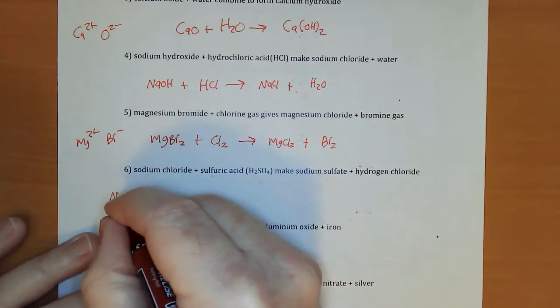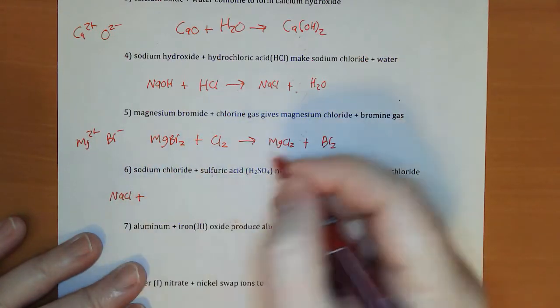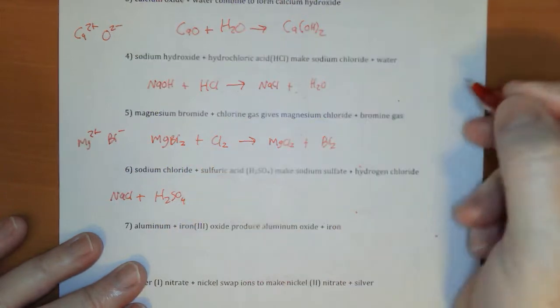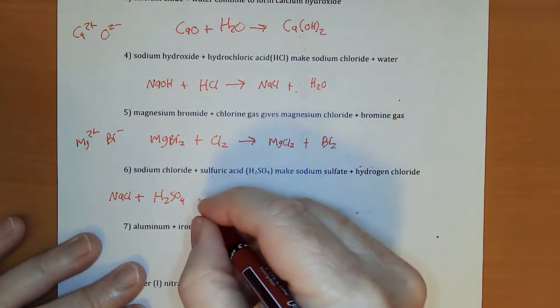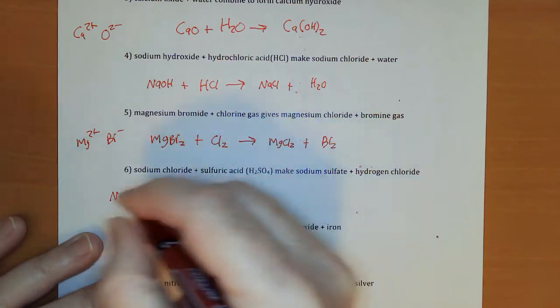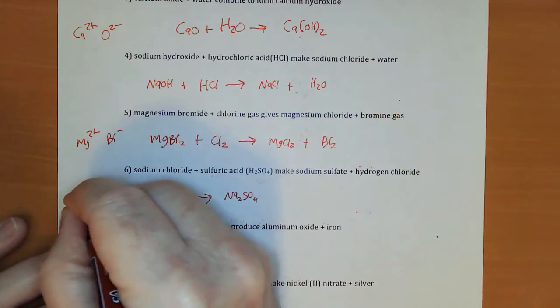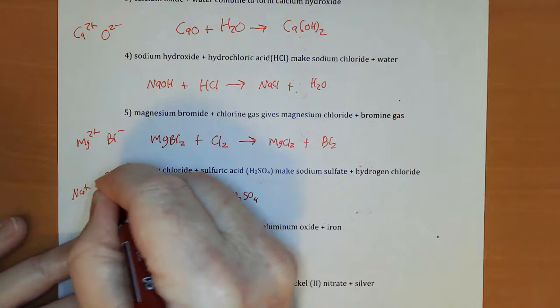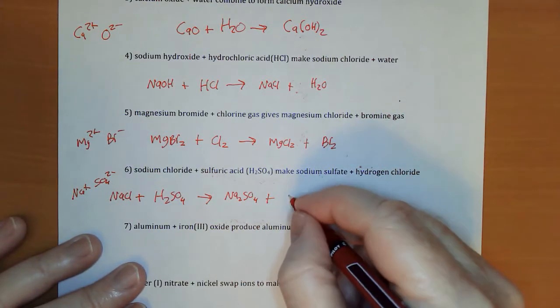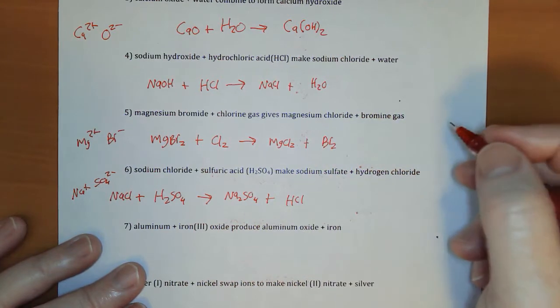Sodium chloride, NaCl, reacts with sulfuric acid, H2SO4, to make sodium sulfate, which would be Na2SO4. Remember, Na is a +1, sulfate is a 2 minus. And hydrogen chloride is HCl.